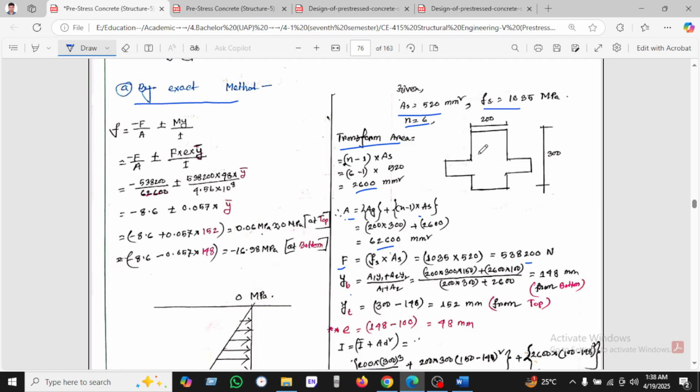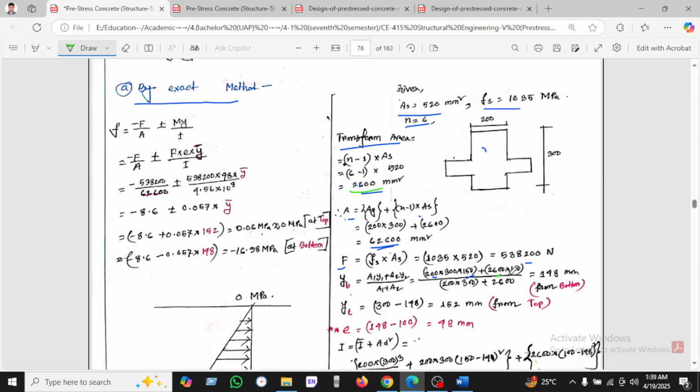As we know, this is section 1, this is section 2. If we calculate here, A1 Y1 plus A2 Y2 divided by A1 plus A2. A1 we know is 200 into 300, and Y1 is 150. And for the other one, the transformed section, we found 2600.